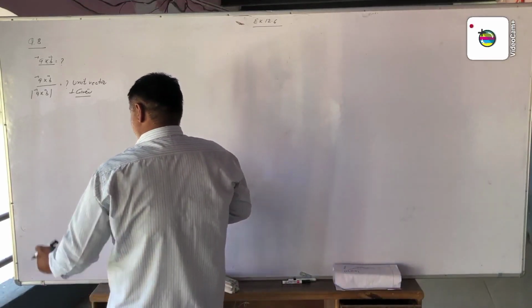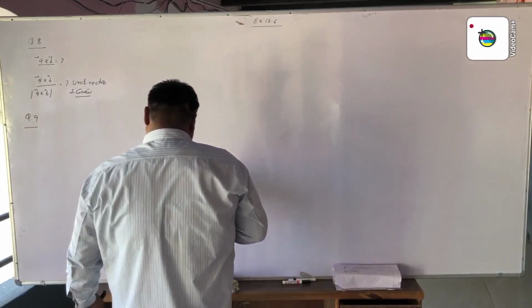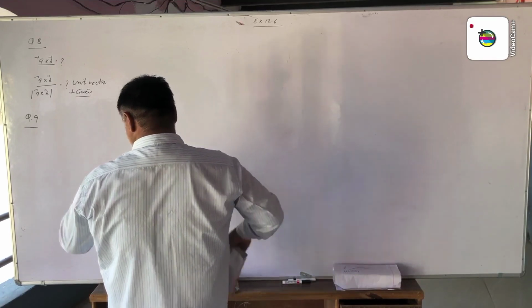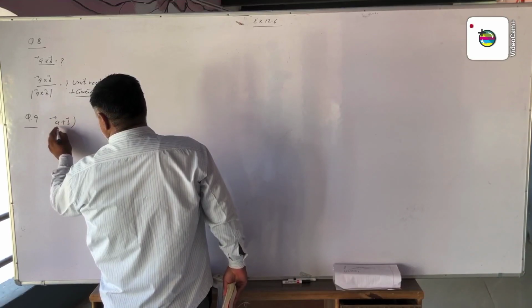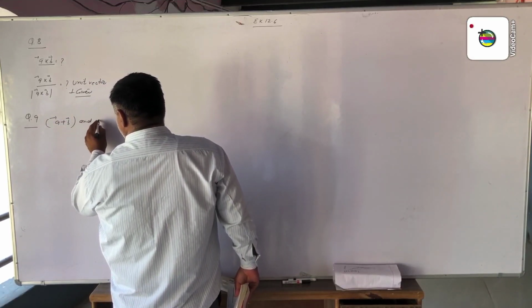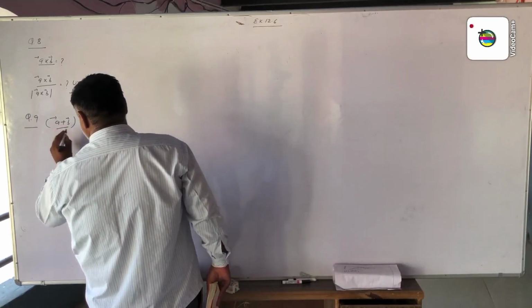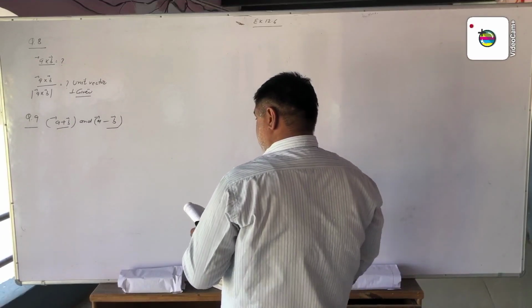In question number 9 it says find a unit vector perpendicular to these two vectors given here. We first find vector A plus B and vector A minus vector B. We find these two vectors. After this it says find a unit vector perpendicular to these vectors.